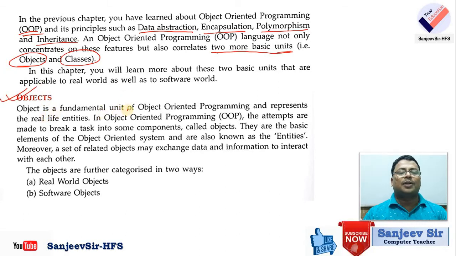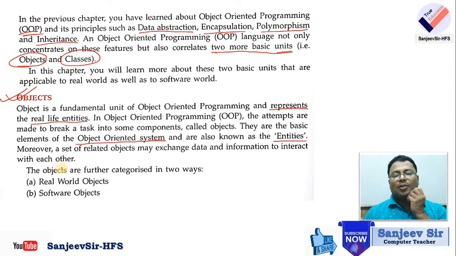Object is the fundamental unit of an object-oriented programming language that relates to real entities, that represents real entities. So we understand how we will represent real entities in a computer program. That entity is what the object-oriented programming system will maintain.